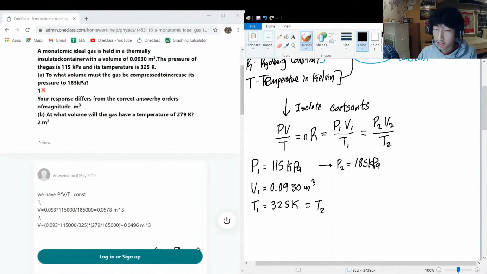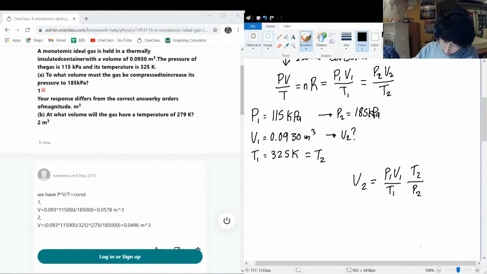So given this relationship here, let's solve for V2. V2 we don't know, so we want to solve for V2. And that will be P1 V1 over T1 multiplied by T2 over P2. Since T1 and T2 are equal, we can cancel them out of the equation.